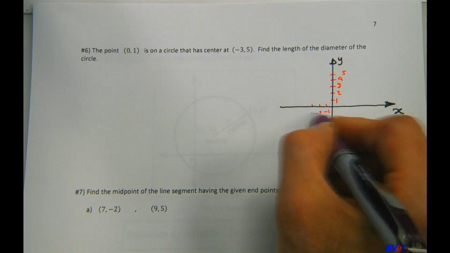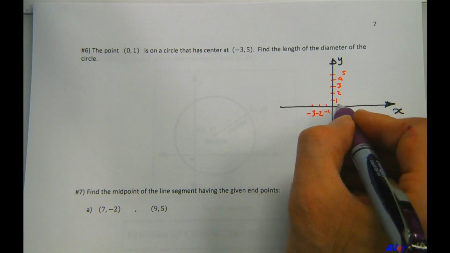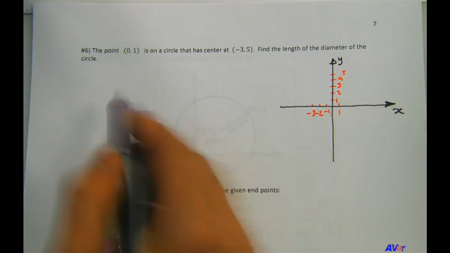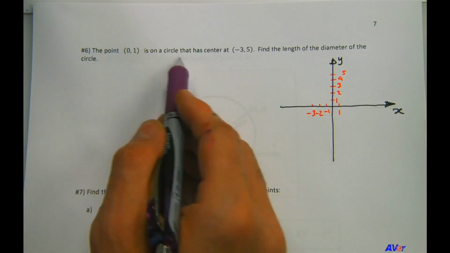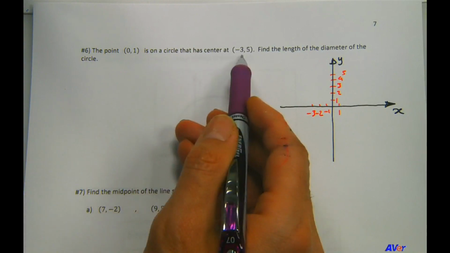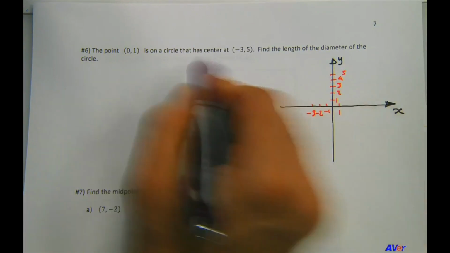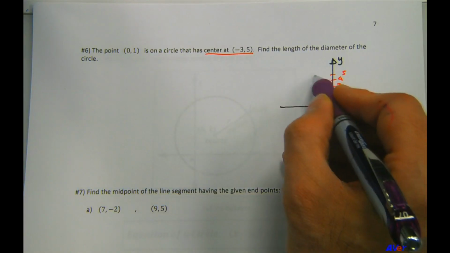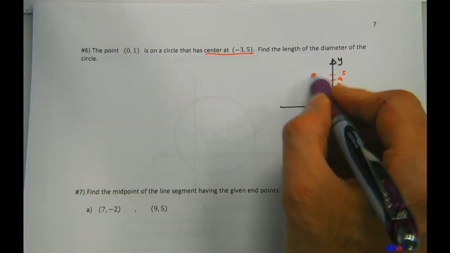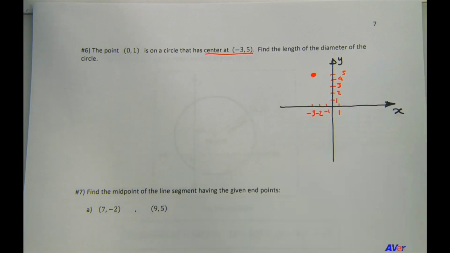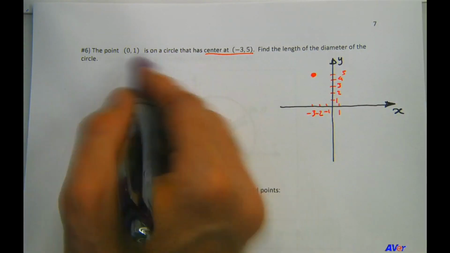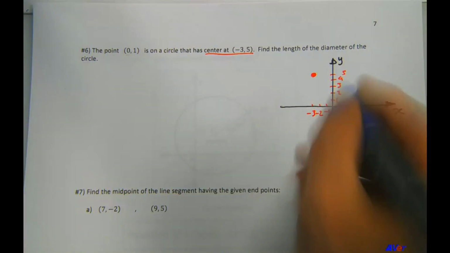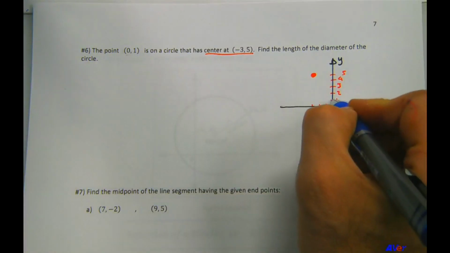Negative 1, negative 2, negative 3, and that's 1. Okay, the point 0, 1 is on a circle that has center at negative 3, comma 5. So the center of this circle is at that location. Negative 3, comma 5 is somewhere here. Okay, and we're told that point 0, 1, where is that? 0, 1 is that point.